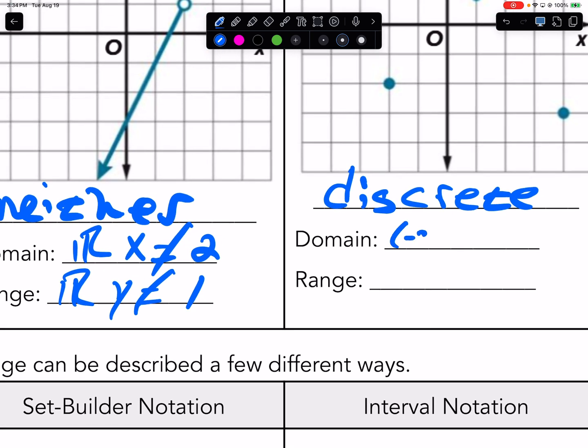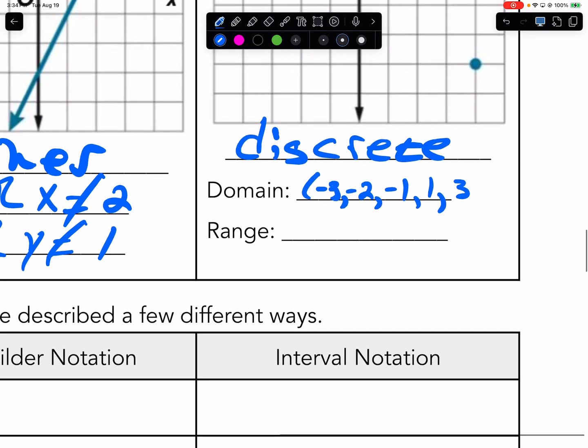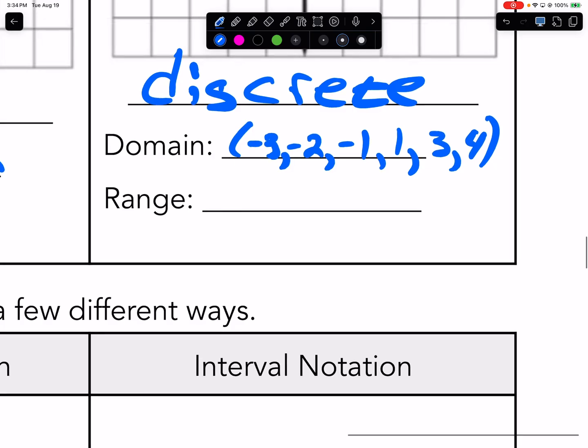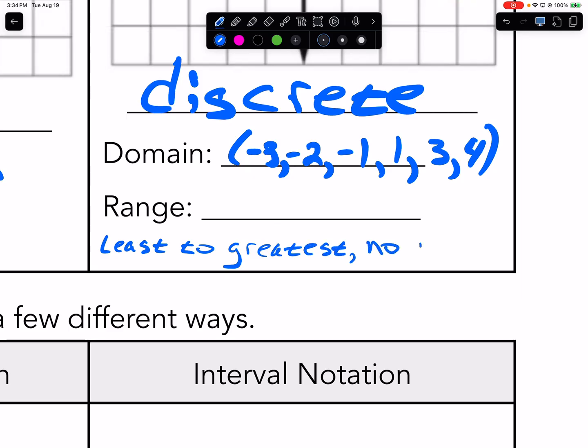So we start at -3, then -2, then -1, then 1, then 3 and 4. It's a good thing to write down, if you forgot from freshman year. Least to greatest, no repeats.